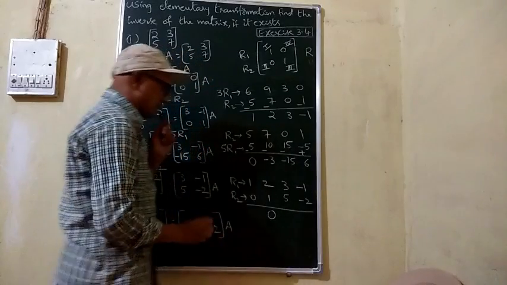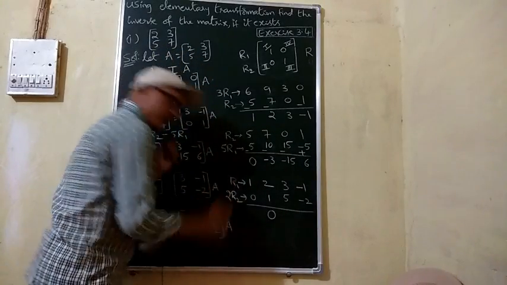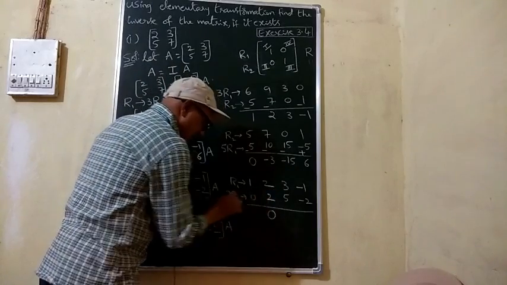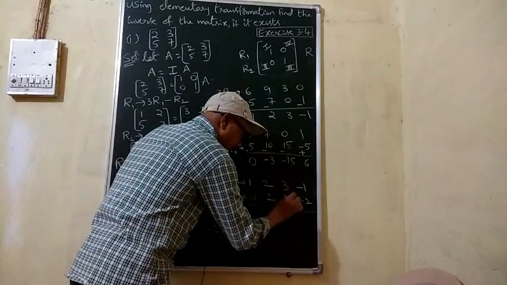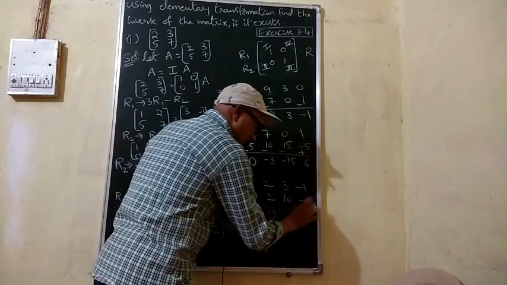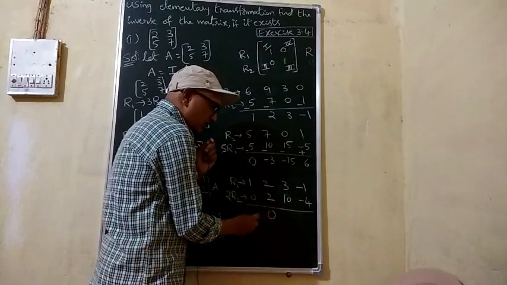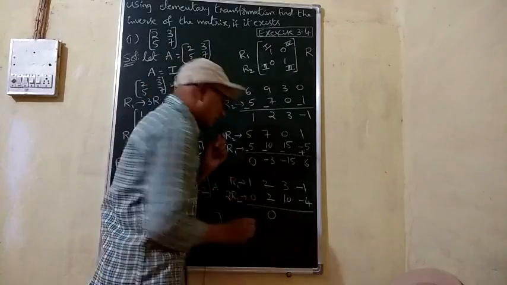So here what I want to suggest, multiply with 2. 2 into 0, 0. 2 into 1, 2. 2 into 5, 10. 2 into minus 2, minus 4. 2 minus 2, 0. We have to subtract. Subtract means we have to change the sign.